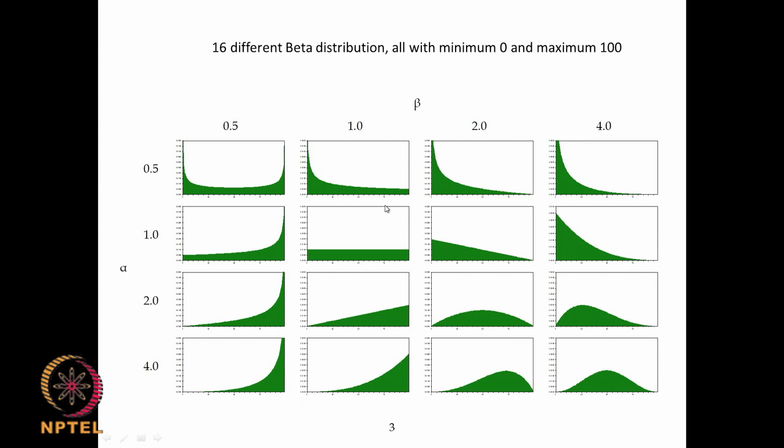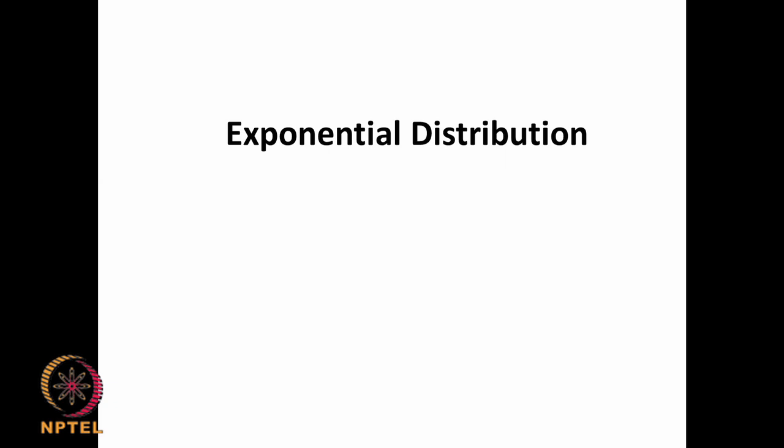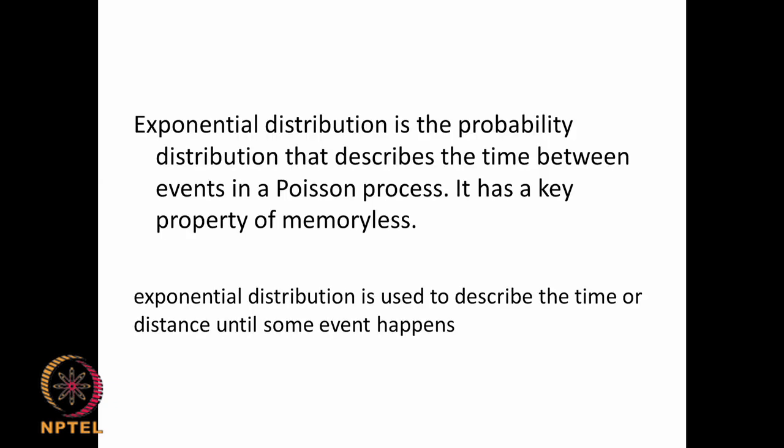Now, let us look at some more distributions. The one is called the exponential distribution. Actually, exponential distribution is related to Poisson distribution. If you recollect, Poisson distribution gives you events, like there are 3 road accidents in the city in a period of 1 month.